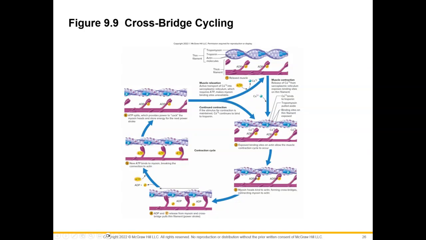When the ATP, which has been split, is completely split, this causes the head to pivot. It's like the action on a trigger of, say, a gun. So now that the trigger's pulled, the hammer is able to move and pull that thin filament.